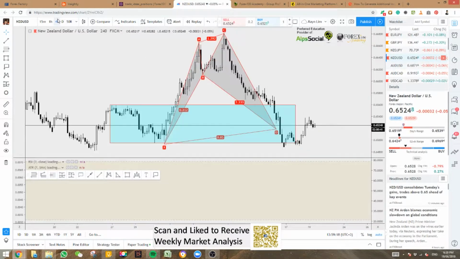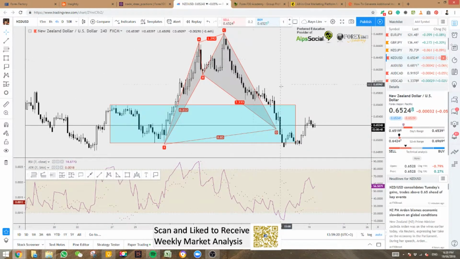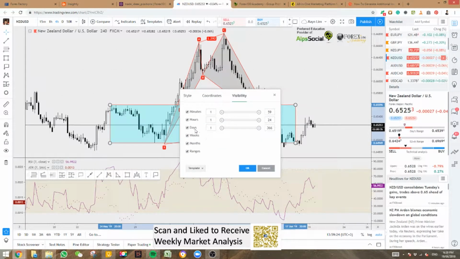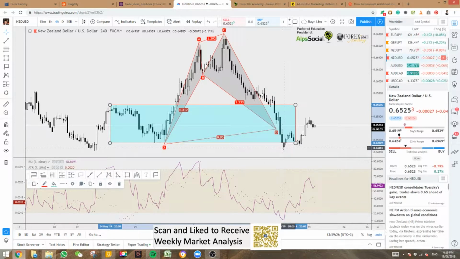To the 4-hour chart, you can see that over here there is this buy zone that sadly did break and close below the low. Take note of that, but at the same time, having the support well supported, the RSI having an extreme divergence. All right, so I'm in this trade.